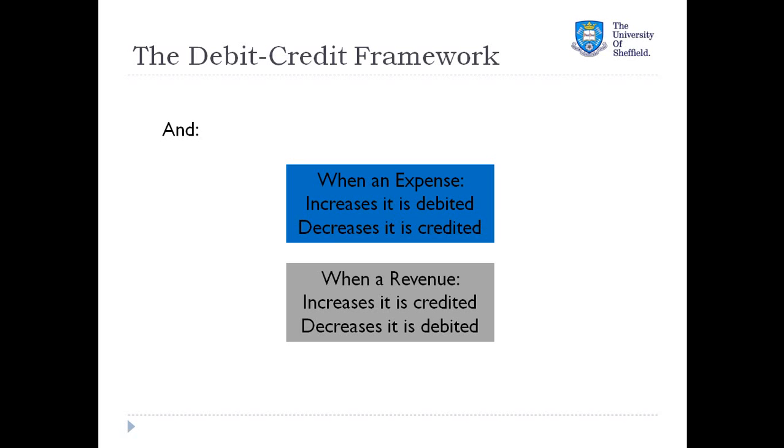The exact opposite happens for revenues. So as you can see, we have the exact same behavior for assets and expenses, and the exact same behavior for liabilities, equity, and revenues. Use the color code in order for you to remember.